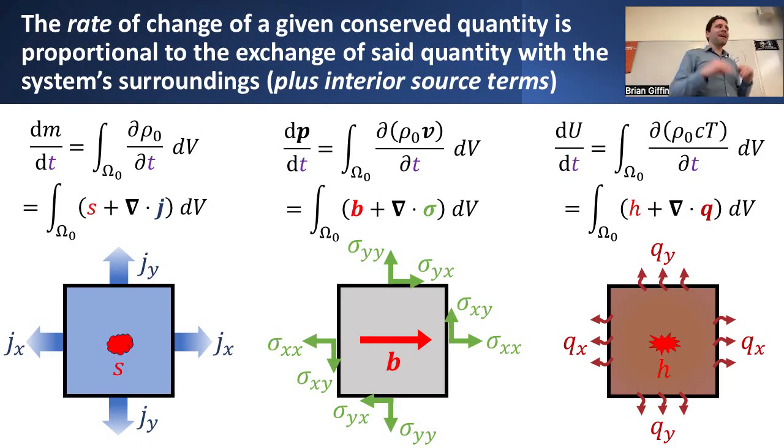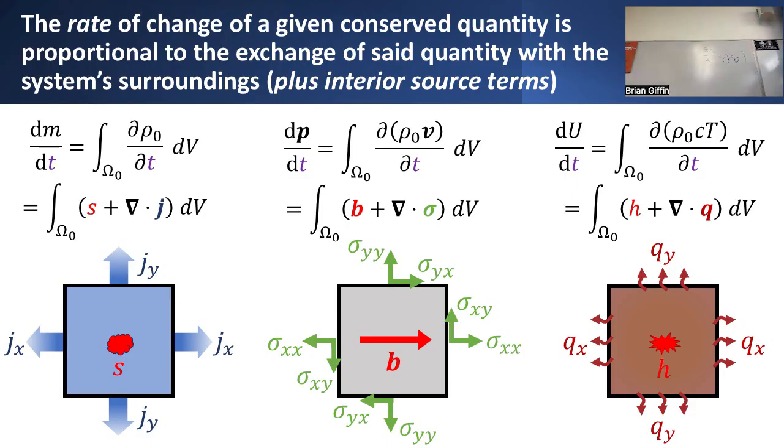So with respect to how this collection of material points was picked at some arbitrary point in time, t equals 0.